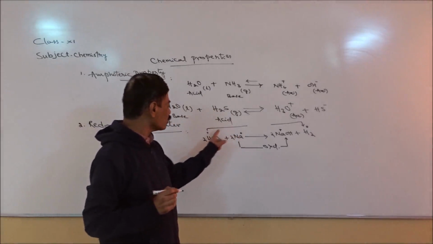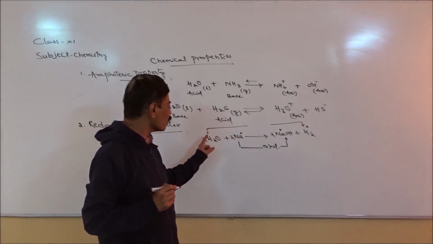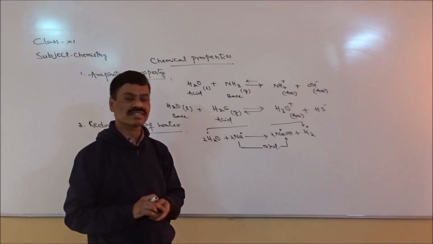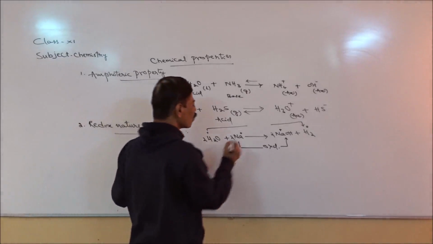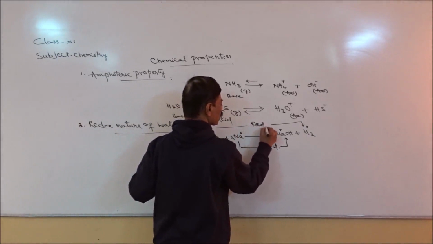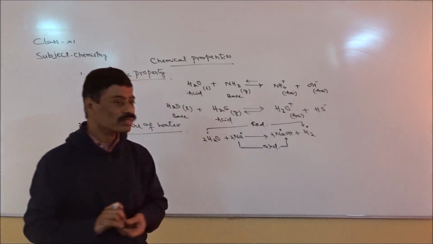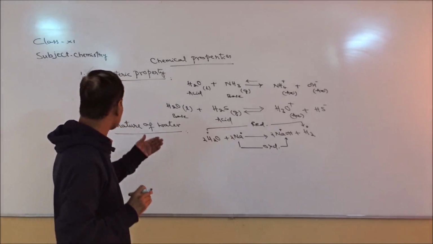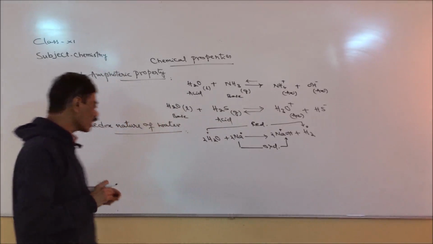And in this case, H plus to H0, plus to 0 is a decrease in oxidation number. So this is called reduction. So in this reaction, both oxidation and reduction are taking place. Therefore, we call this reaction a redox reaction.